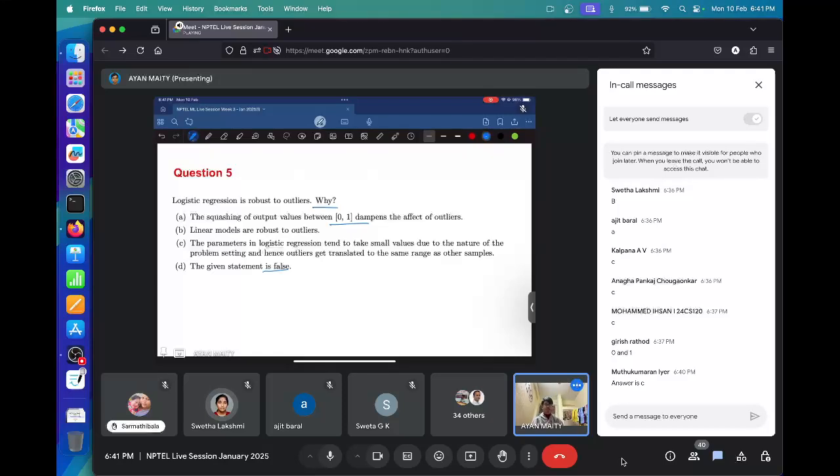Muthukumar and Ayers say option C. Ajit Baral says option C. Sanvi says option C. Anagha Pankaj says not sure, A or C. Okay.